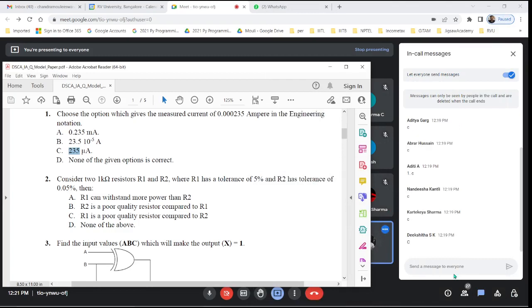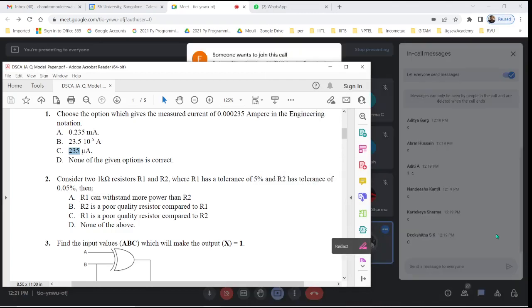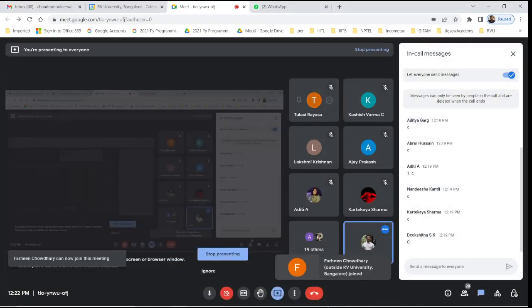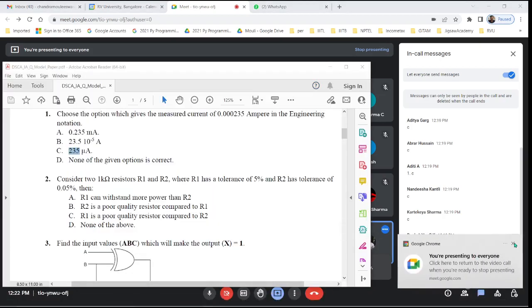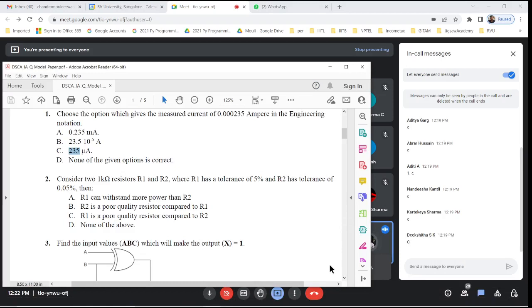Maybe you can type the answer for the second question now. Can someone write the answer for the second question? Okay, again C. One more thing I'll tell you: do not go by whatever option was previously given.